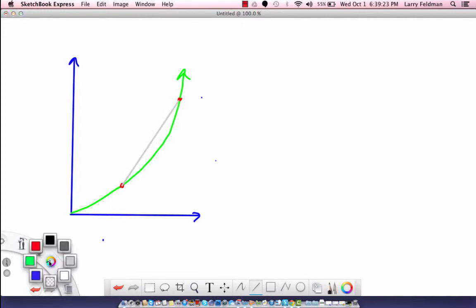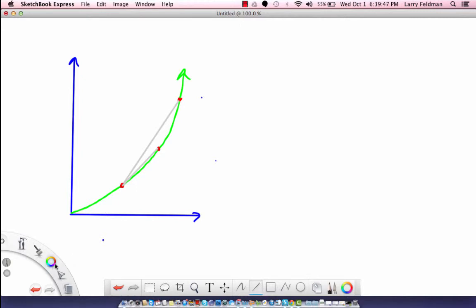And as I mentioned, as we move this second point closer to the first, and this occurs as h gets smaller and smaller, notice what happens to the secant line. Now the secant line is here.